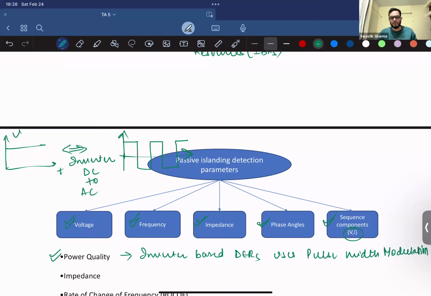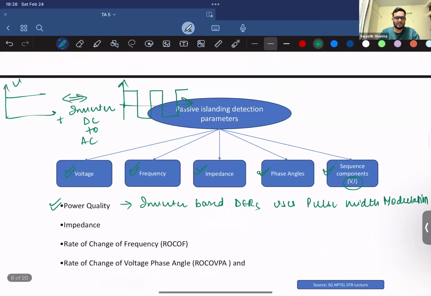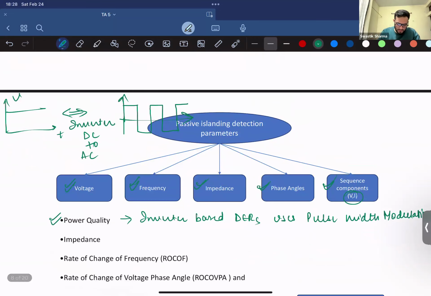So there are different PWM based techniques. There are space vector modulation based techniques. Then there are other triangular based techniques. I don't want to delve into that. So these generally use pulse width modulation based techniques to convert DC to AC, right? And these are already deteriorated. You already have harmonics because of the use of power electronics, right? So what you do is check whether, when islanding happens, the power quality is further deteriorated.